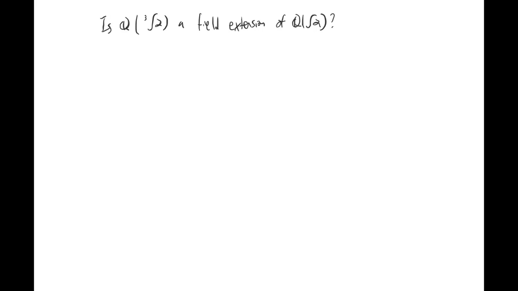If it was, then I certainly have something like this. Agree? But I also know Q adjoin root 2 is an extension of Q. Agree? Now here comes the issue.